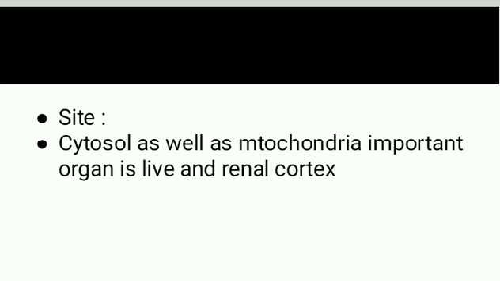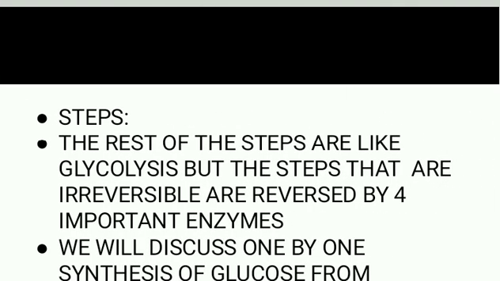That means our body synthesizes glucose from non-carbohydrate sources in the liver and in our kidney. So what are the steps?